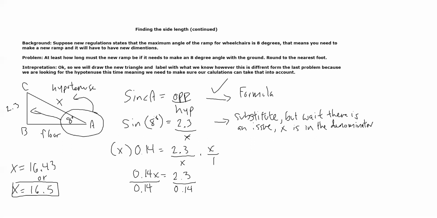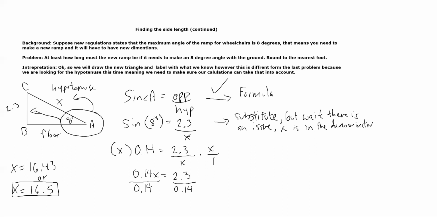And just because we don't know what x is yet doesn't mean we can't move it around. If we multiply by x over 1, we have an x on the top of the fraction and we have an x on the bottom of the fraction. We're also going to have to multiply x by the other side, right? And really all it is, the 0.14, by the way, I got 0.14 because I put sine of 8 in my calculator and it gave me 0.14 something, whatever.